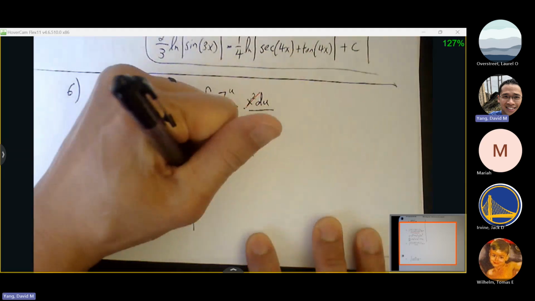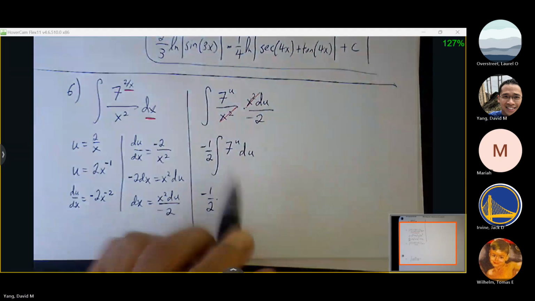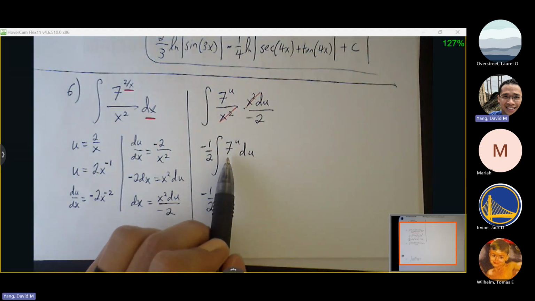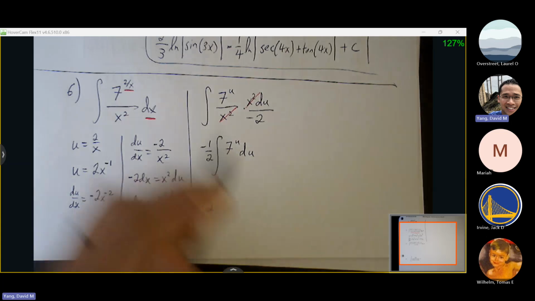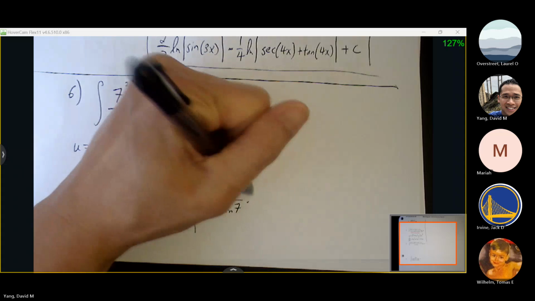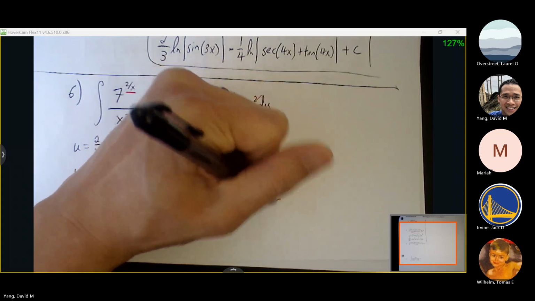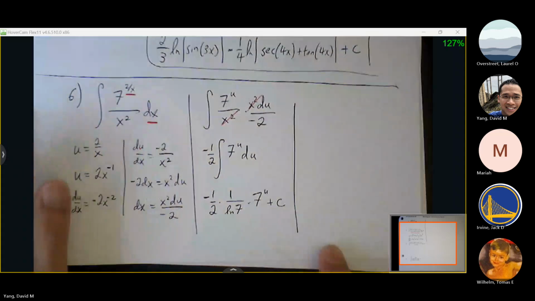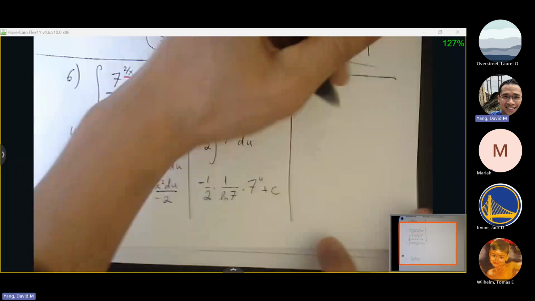Okay, so then our rule is integral of a to the u is 1 over natural log of a times a to the u plus c. And don't forget to bring back your x.